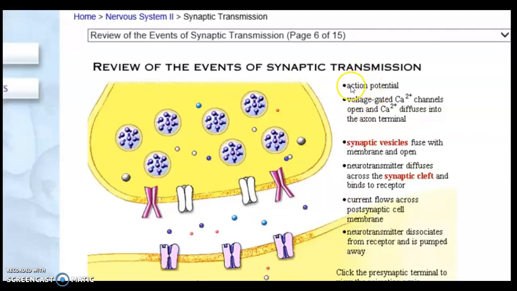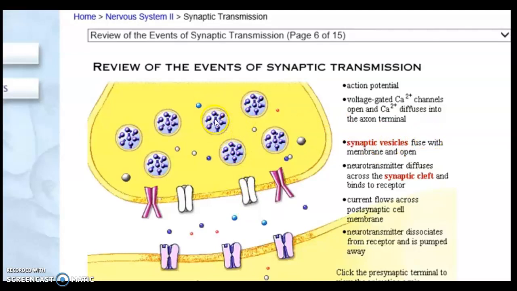Well, the first thing that had to happen is an action potential had to come down from the axon hillock all the way down the axon and then eventually to the axon bulb. When that got here, it triggered the opening of calcium voltage gates so calcium could come inside. So voltage-gated calcium channels open and calcium goes in. Next, the synaptic vesicles fuse with the membrane.